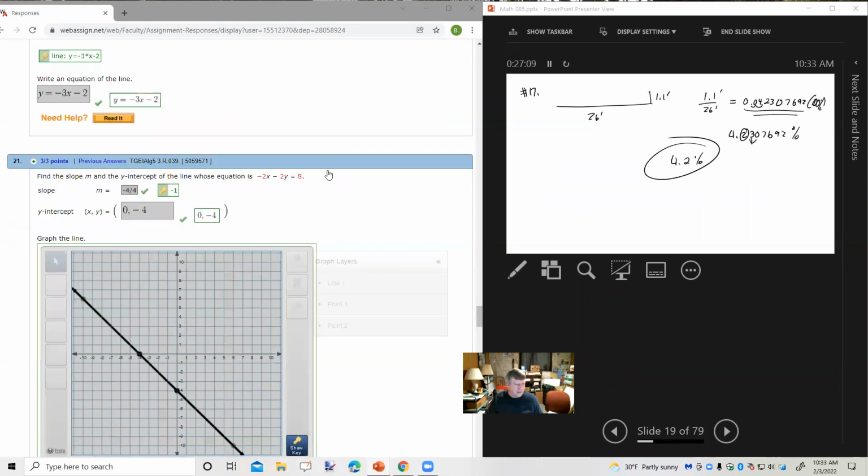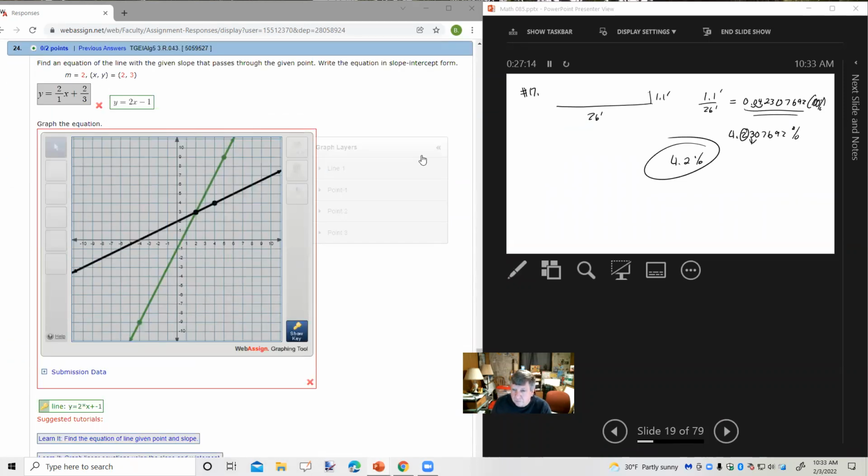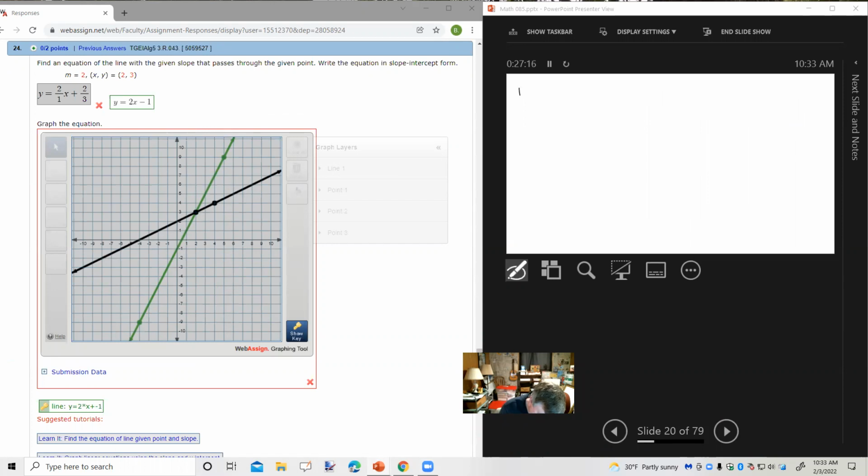Okay, that takes us to problem number 24. Number 24, it says, find an equation of a line with a given slope that passes through the given point. Write the equation in slope-intercept form.